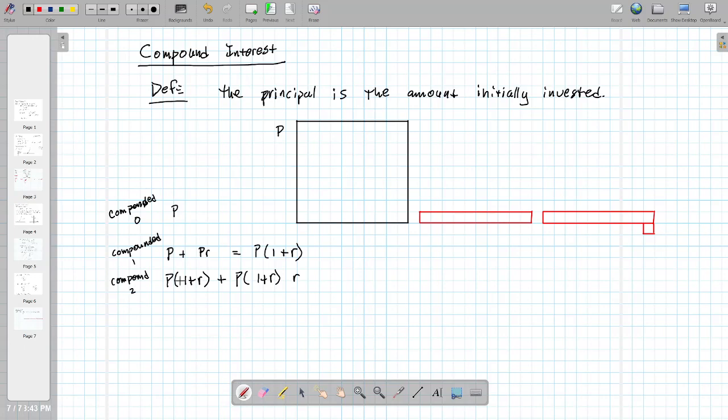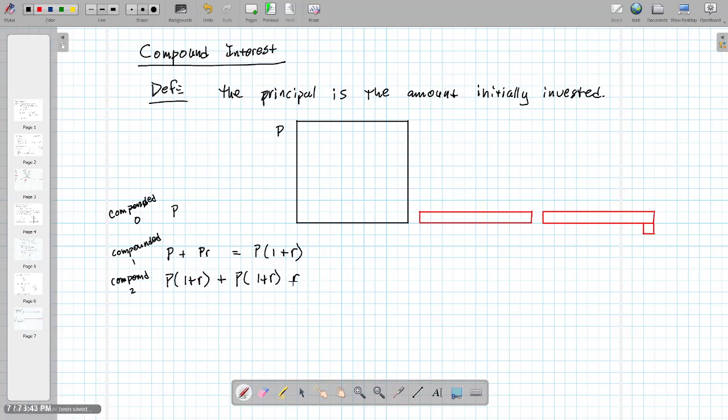If you can see, what I'm going to do is factor out a P times 1 plus R because I have it common in both terms. Here's our first term. This entire thing is our second term. Notice that we have a P times 1 plus R, P times 1 plus R. So I'm going to factor that out. What will be left here is just 1.